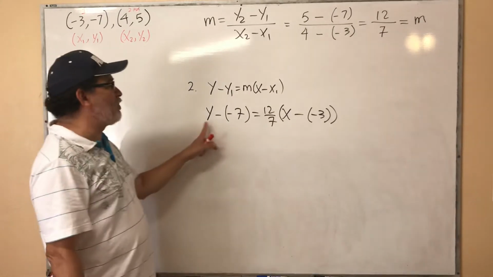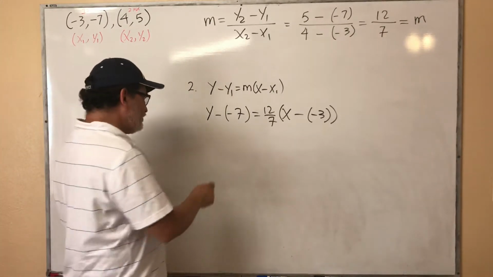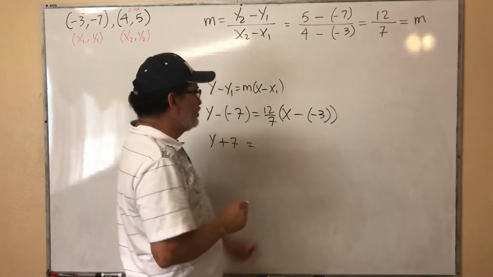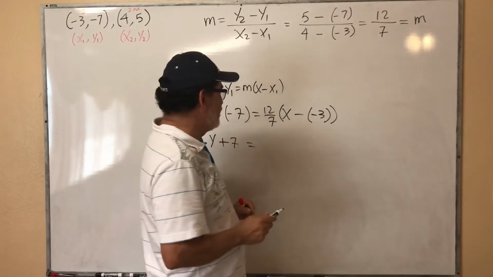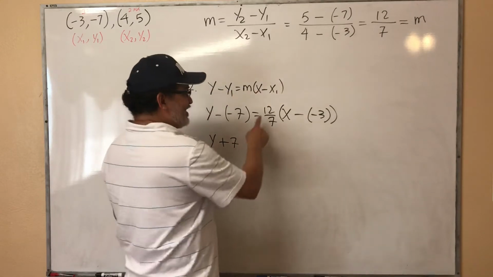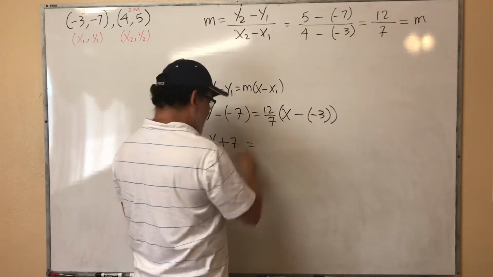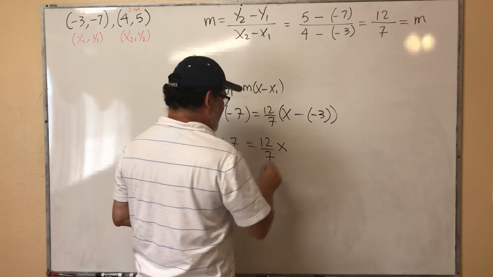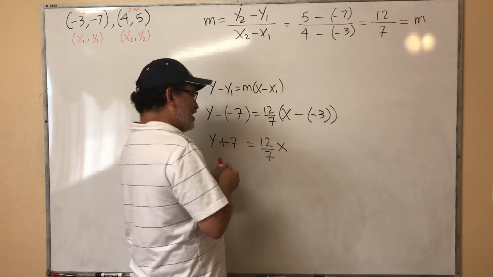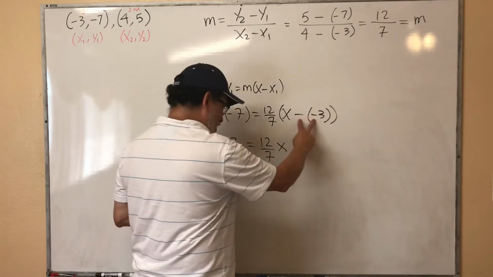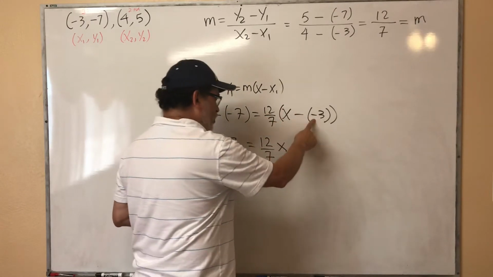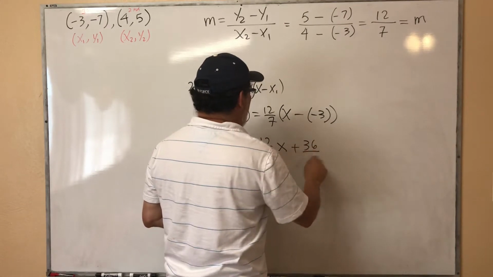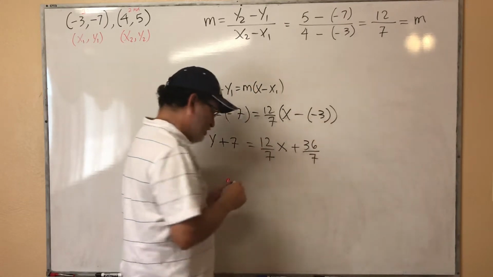So this is y plus 7 equals, this is plus 3. So I'm going to take this 12 over 7 times x, 12 over 7x, and I'm going to take this 12 over 7 times 3. What's 12 times 3? Plus 36 over 7.